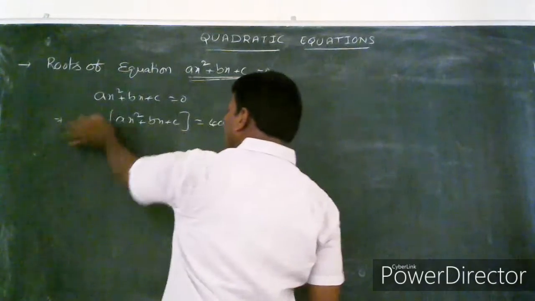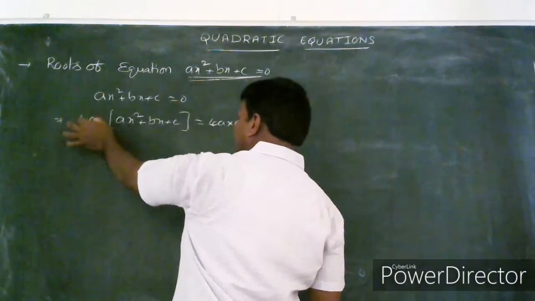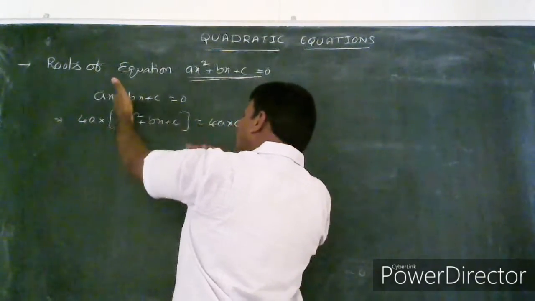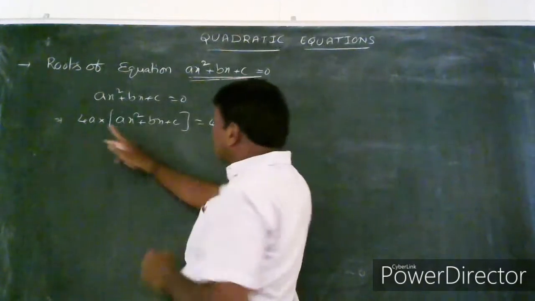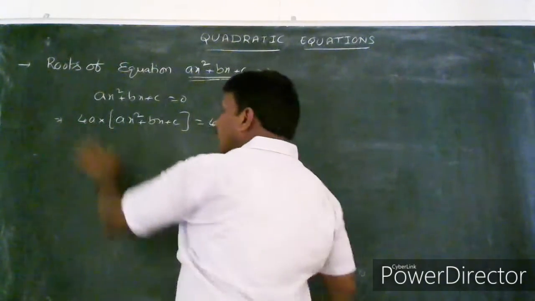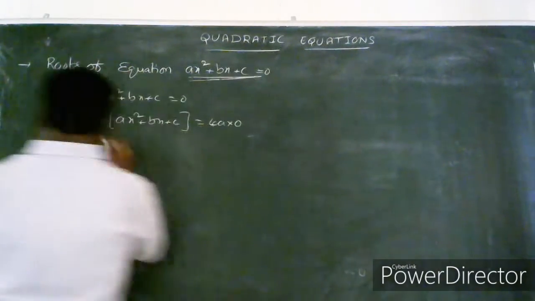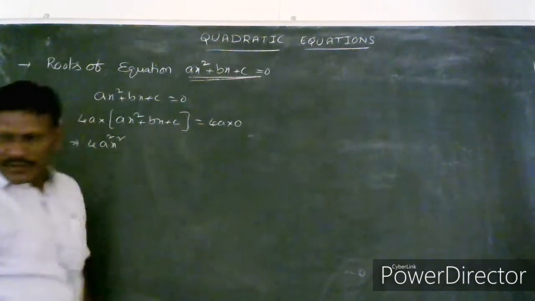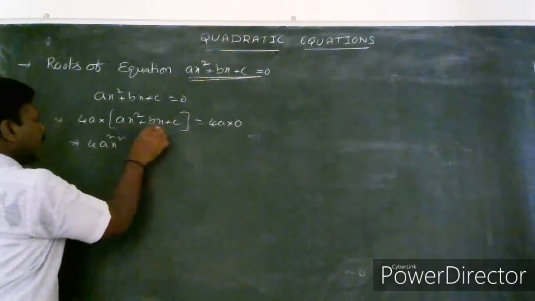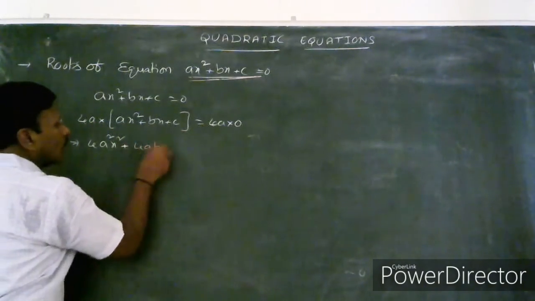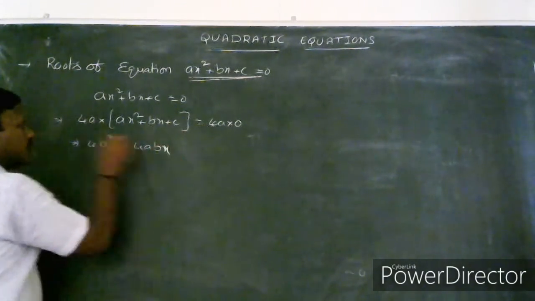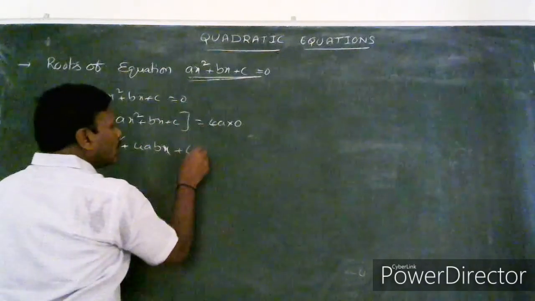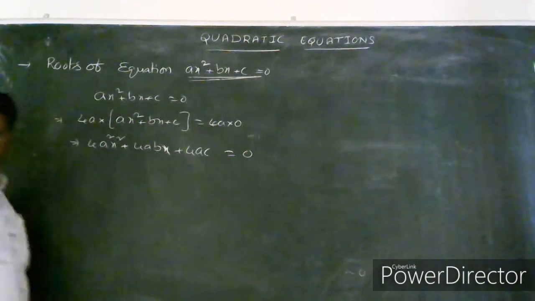Next, you multiply these three terms with 4a. We are multiplying with 4a on both sides, no problem, because a is not equal to 0. 4a into ax² is 4a²x². Next, 4a into bx is 4abx, plus 4a into c is 4ac, equal to 0.